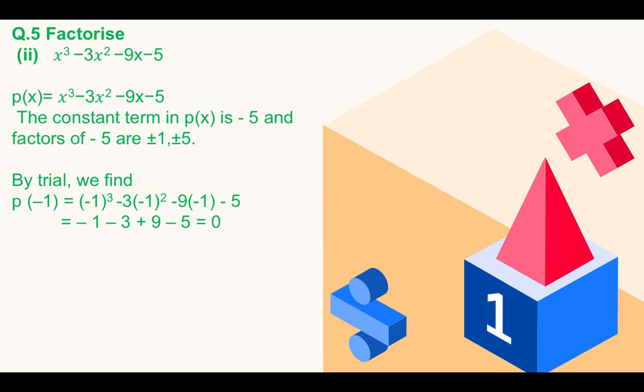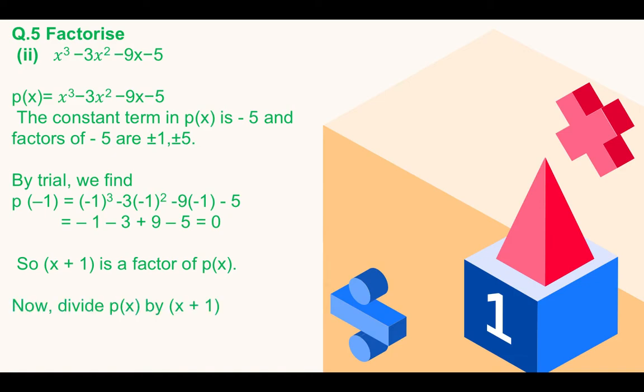On solving this expression, I get the answer 0. Now since p(a) is 0, that means x minus a is a factor. Substituting a as minus 1, x plus 1 is a factor of the given polynomial.